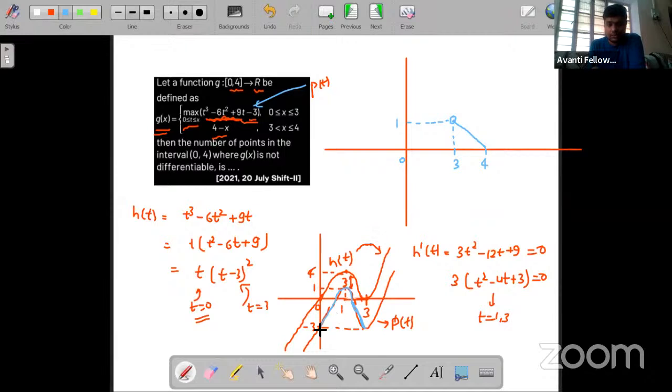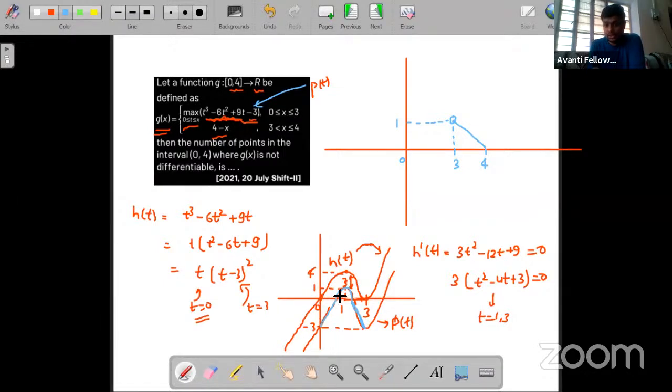So if I take any value between 0 to 1, what will happen? The maximum value will be at that point only. Let's say I take x equals 1 by 4. So 1 by 4 पे वैल्यू क्या होगी? यहाँ कहीं होगी. तो 0 से 1 by 4 में मैक्सिमम वैल्यू क्या होगी? 1 by 4 पे जो वैल्यू आएगी वही होगी, है ना? What does this mean?